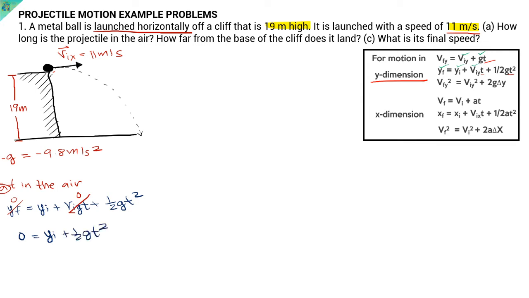We want to isolate t. Kindly remember that you want to isolate t. What I want to do now is to transfer yi, this initial position, to the other side of the equation, making it negative yi is equal to 1/2 g t squared.